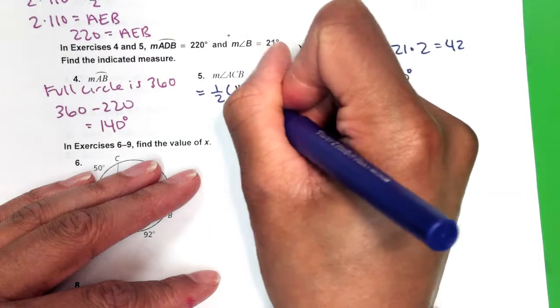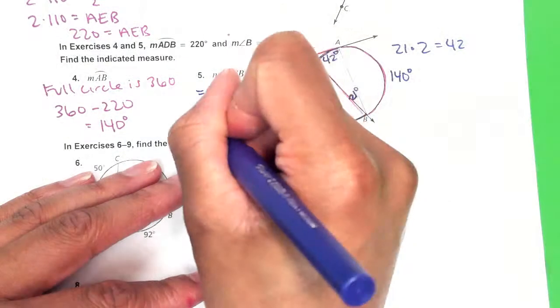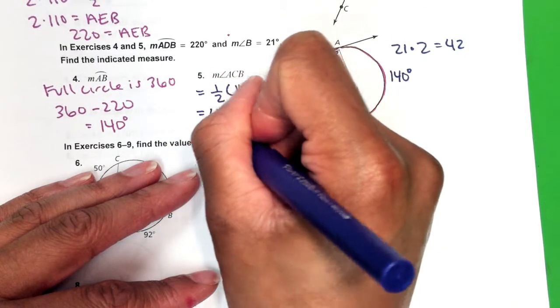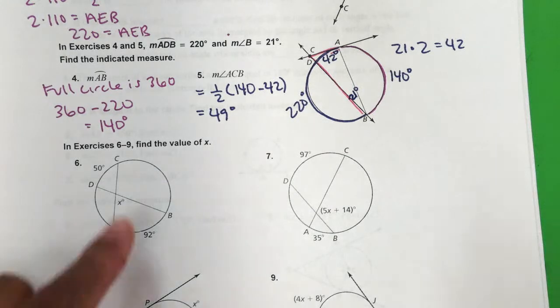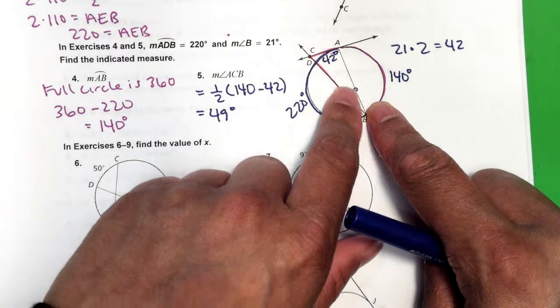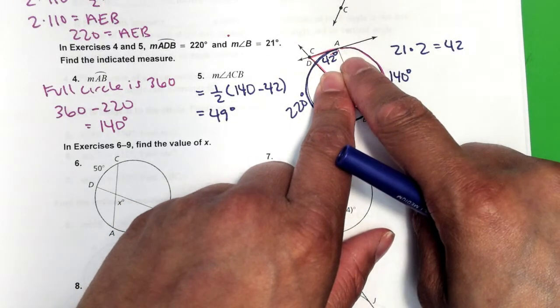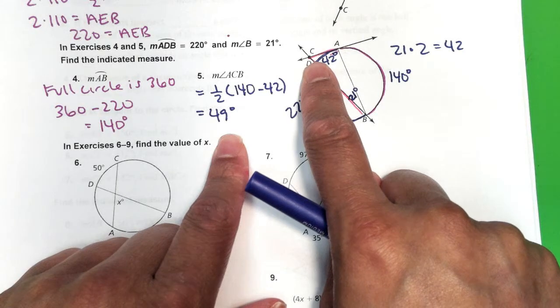So I have 140 minus 42, and I get 49. Okay, so in this one we used our AB to find that intercepted arc. We multiply by 2 to get the arc, and then we use the difference in order to find what C was.